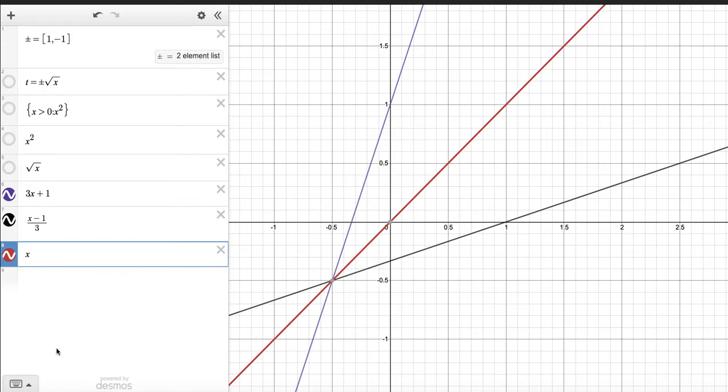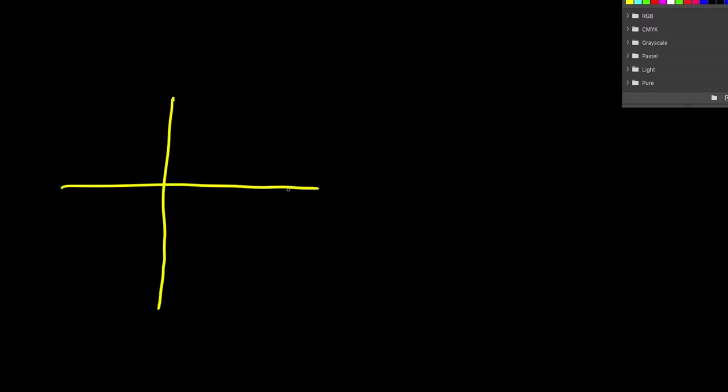So let me just show you real quick how I would do something like this. So we start with 3x plus 1, and so we draw the graph. So we start at 1, and we go 1, 2, 3, over 1. And then just do your best to draw this.